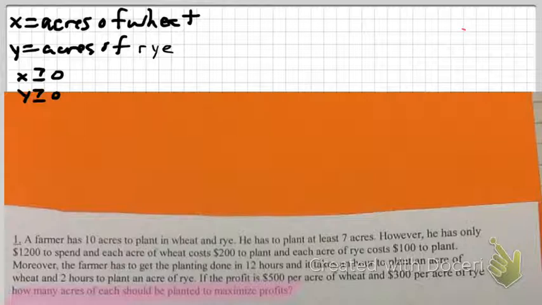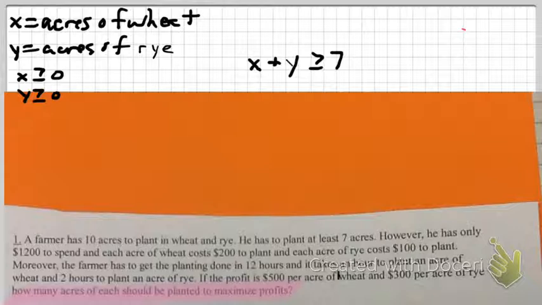So what we have to do is take all of those limits that the farmer has and put them into math. Okay, so here's one. At least 7 acres. The number of acres of wheat and the number of acres of rye must add up to at least 7.